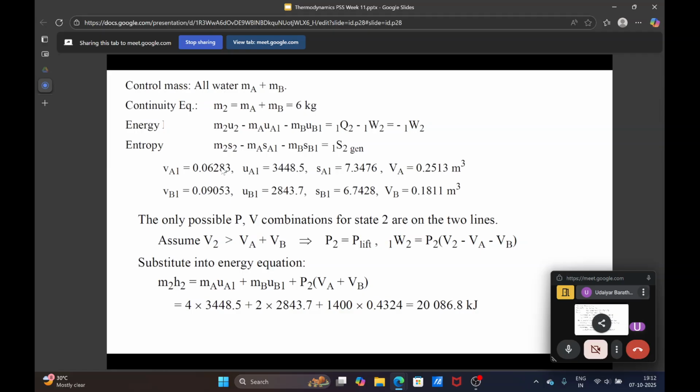So 4 into 0.06283 gives you 0.2513 meter cube. And similarly for tank B, the specific volume is 0.09053, internal energy is 2843.7 and entropy is 6.7428. So the final volume is 0.1811 meter cube.